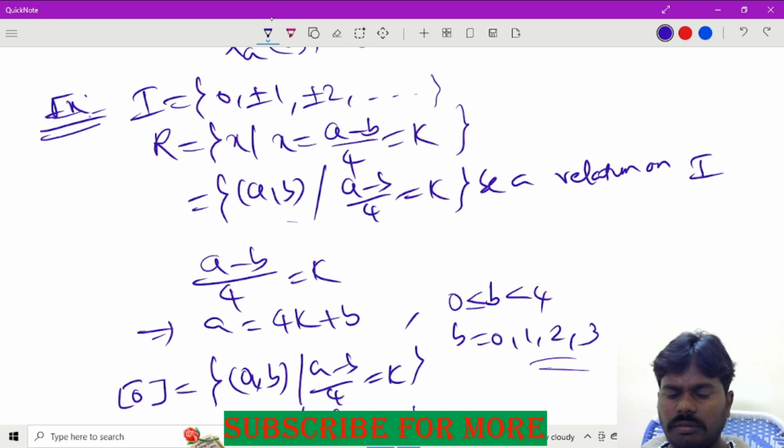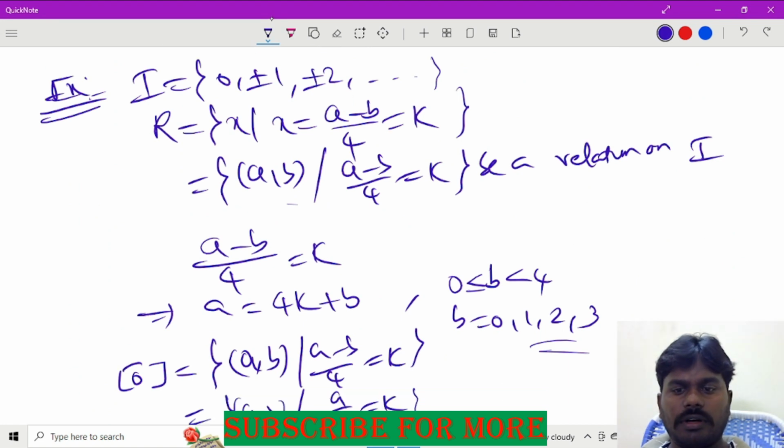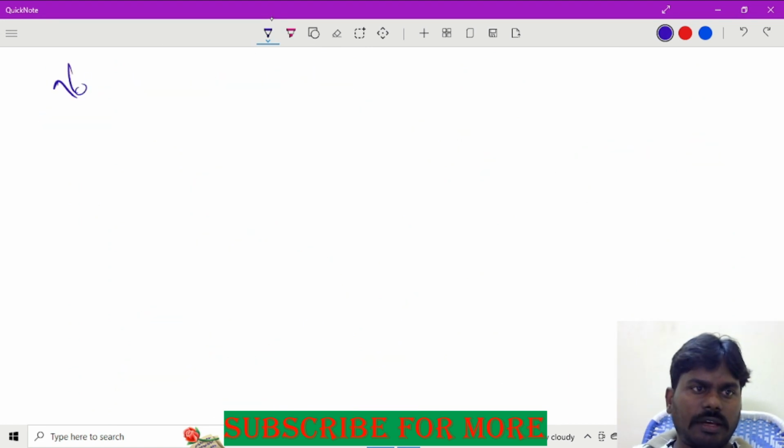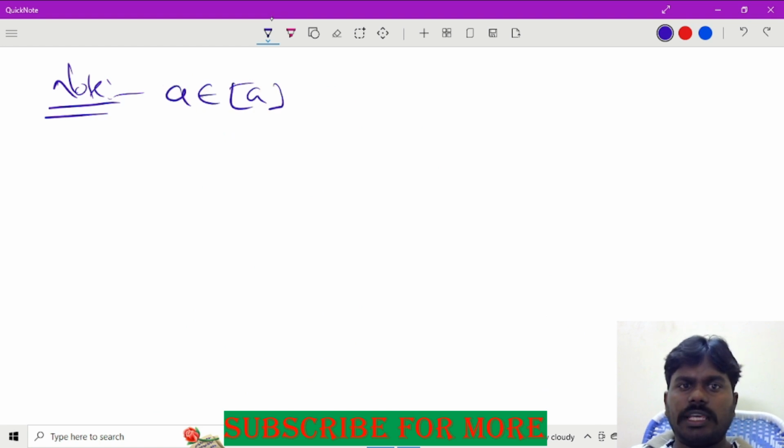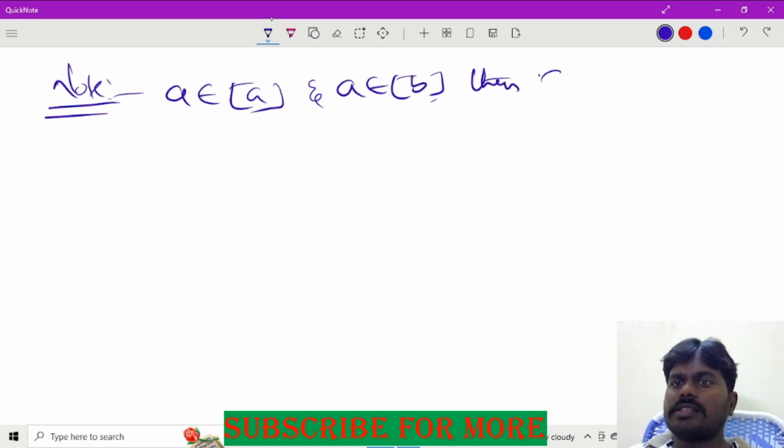Now you have to understand one thing. Here we have a note. If a belongs to the equivalence class of A and a belongs to the equivalence class of B, then the equivalence classes of A and B are equal.